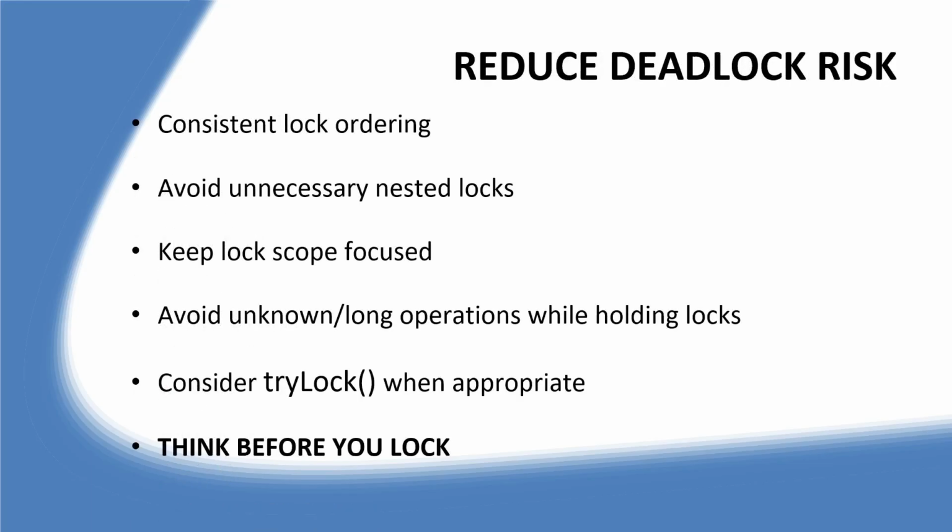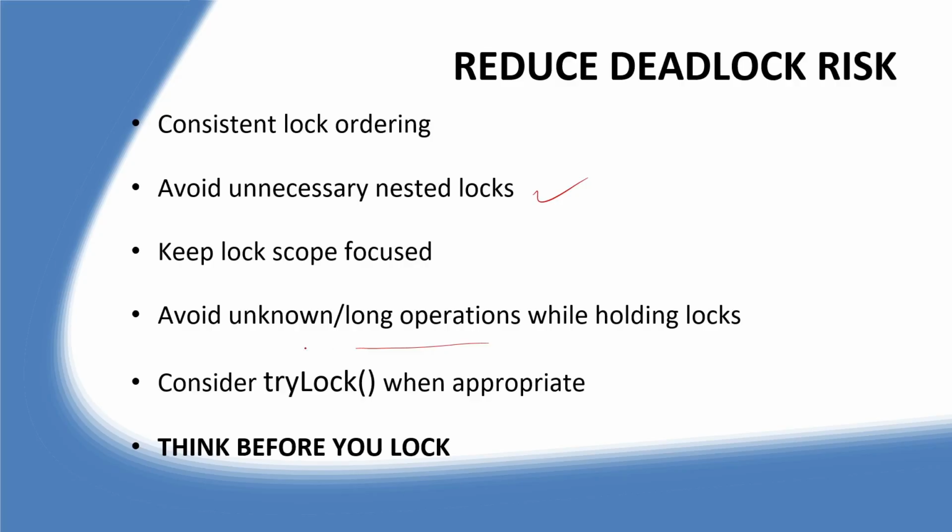There are several other useful practices for reducing deadlock risk. Avoid unnecessary nested locking, and be careful about calling unknown or potentially long-running operations. When you use explicit lock APIs, techniques such as tryLock may be useful for certain designs.